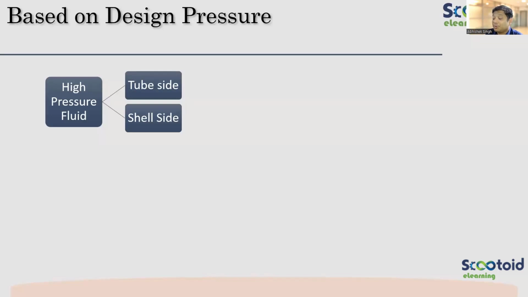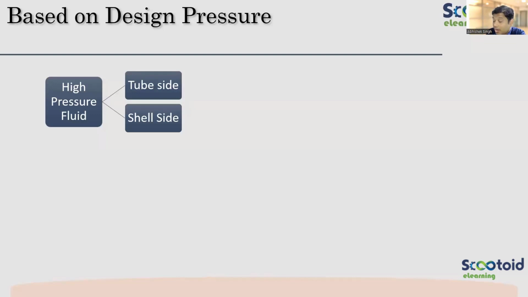U-tube will be your second choice because it is less costly than the floating. Floating is very costly. Cost-wise, if I consider fixed tube sheet as one, U-tube will be 10 to 15% more costly than that. Floating will be 30 to 40% more costly than that. This is a typical thumb rule which I'm telling.